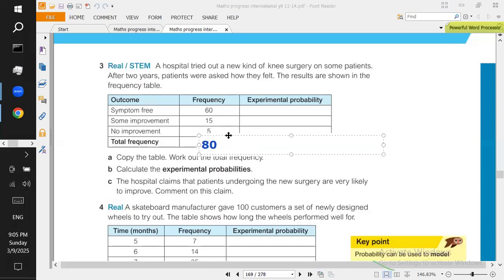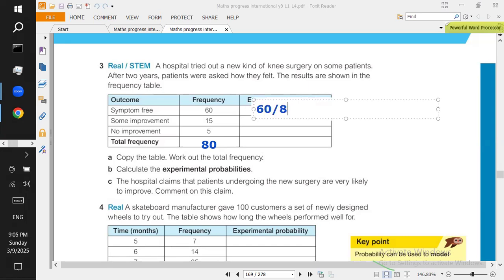Now after finding the total frequency, question B says calculate the experimental probability. We said we find the experimental probability by dividing the frequency over the total frequency. So this one is going to be 60 over 80. So here we write 60 over 80. This is the experimental probability.